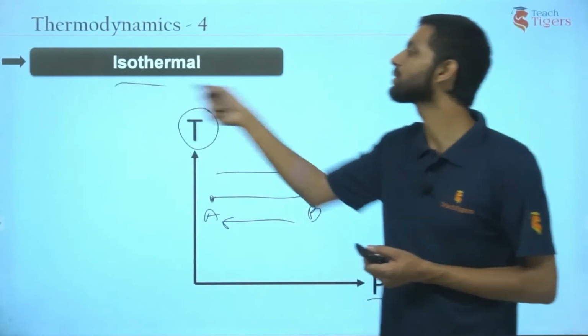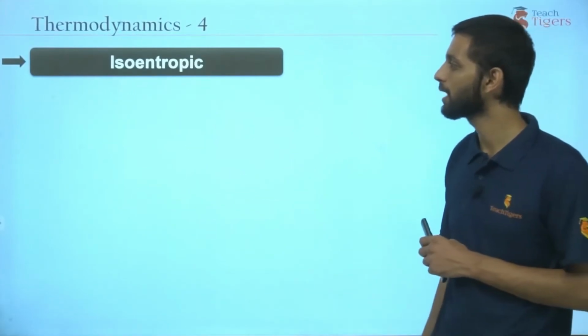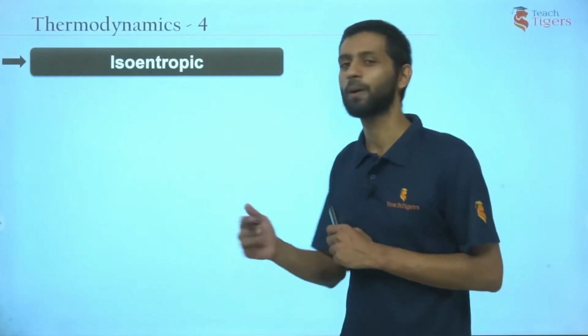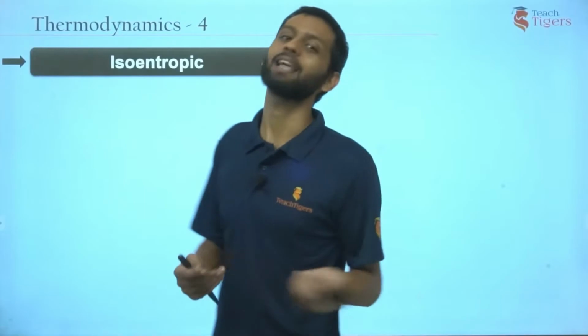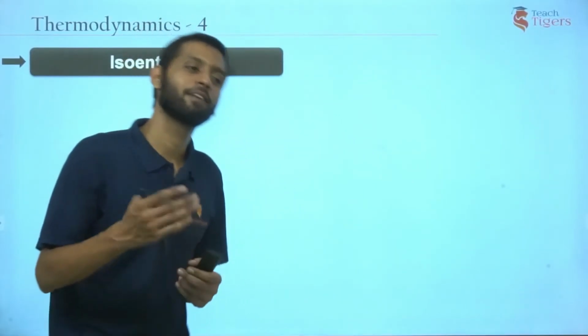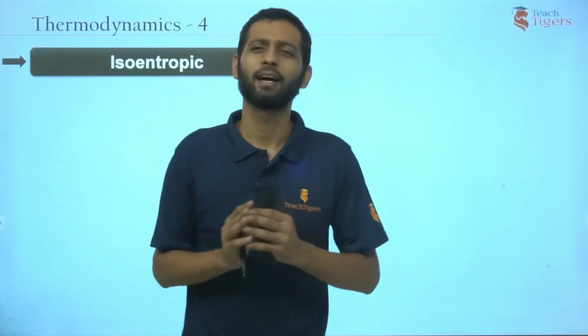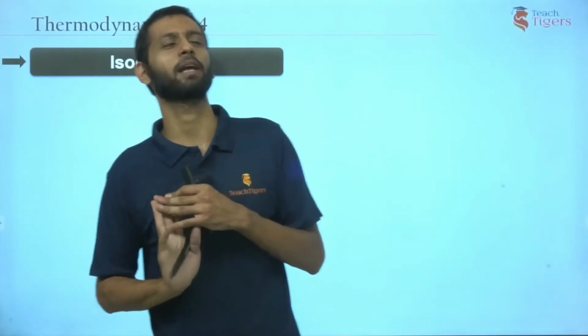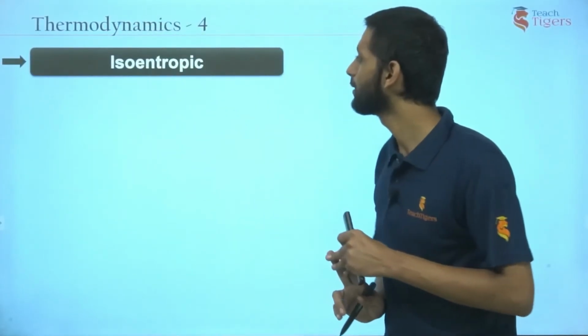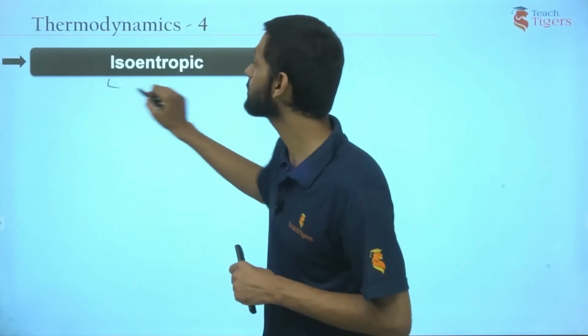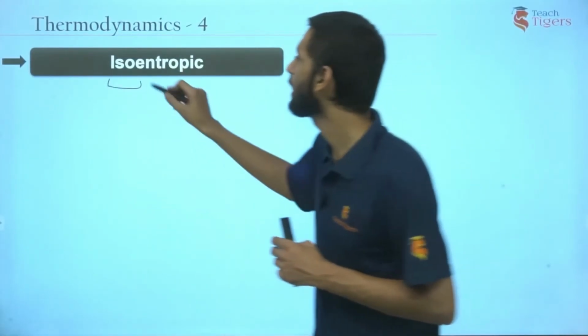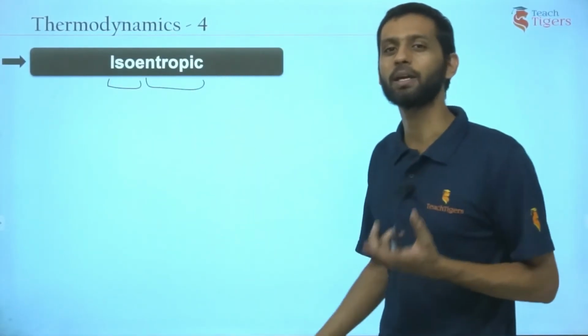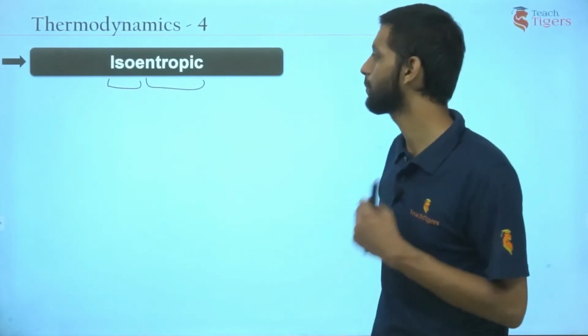It's an isothermal process. The next type of process is isoentropic. It's a very nice name. You must have heard entropy time and again during your lectures. Isoentropic means, iso means same throughout as always. Entropic means same entropy throughout the process.